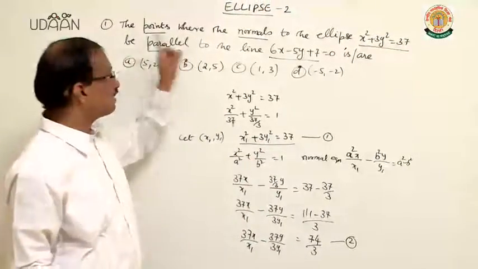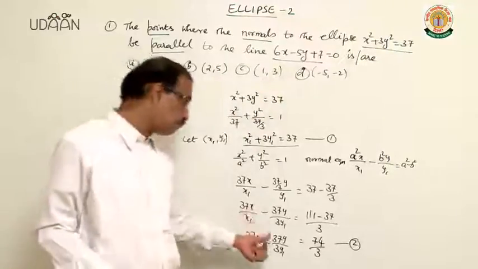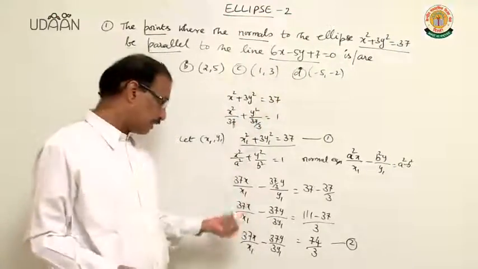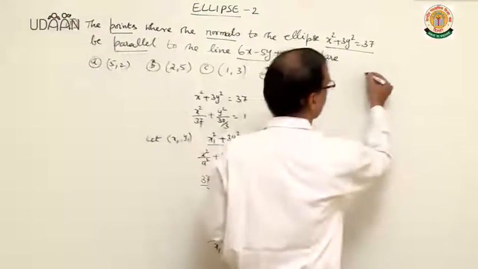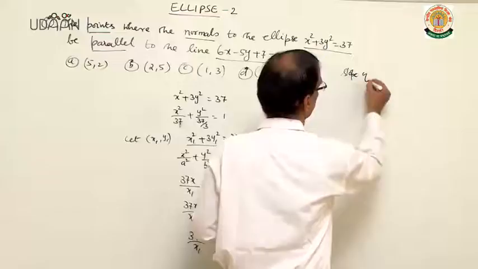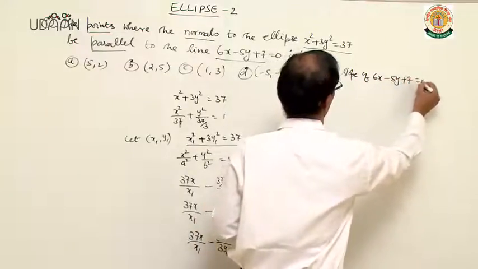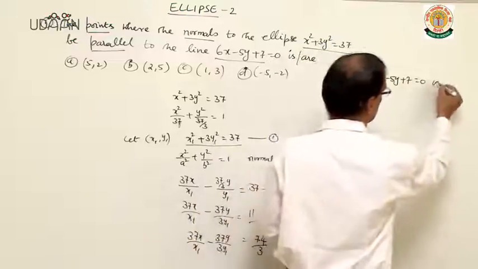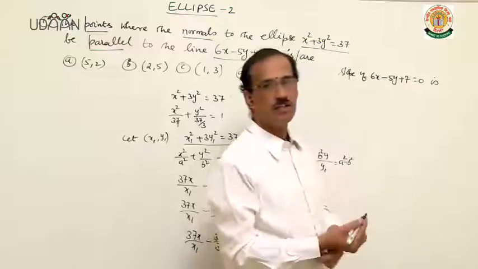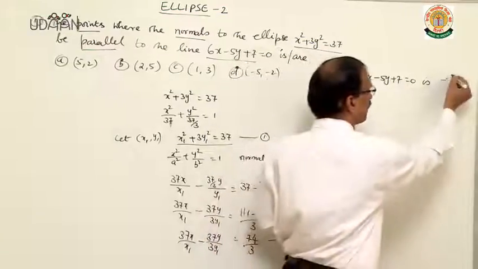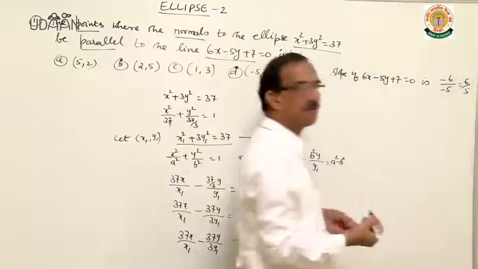Now they say this normal is parallel to this line. You know that if two lines are parallel, their slopes must be equal. So the slope of 6x minus 5y plus 7 equal to 0 is minus the coefficient of x upon the coefficient of y, that means minus 6 upon minus 5, which gives 6 by 5.